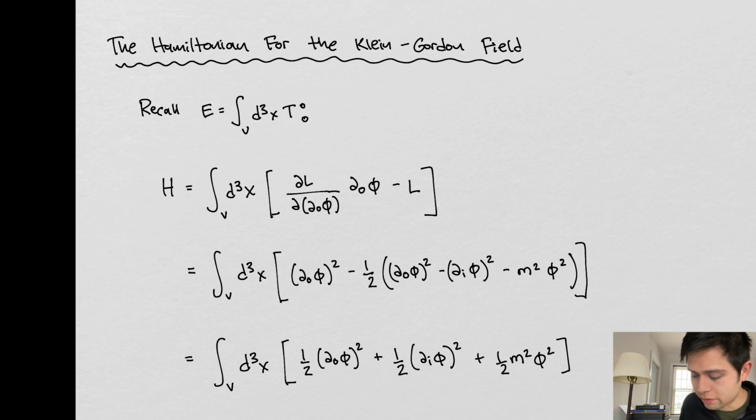We want to recall that the energy of our field comes from our Lagrangian, and that this T00 term looked like this. This is something we derived when we investigated the space-time symmetries of the Lagrangian, around chapter 4.